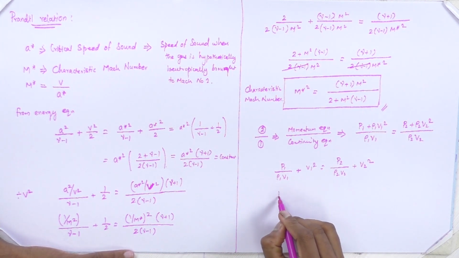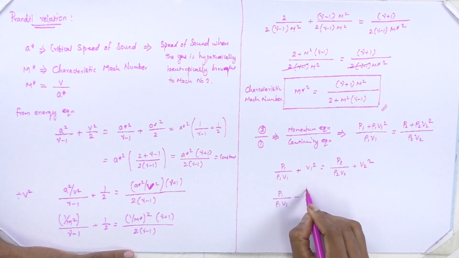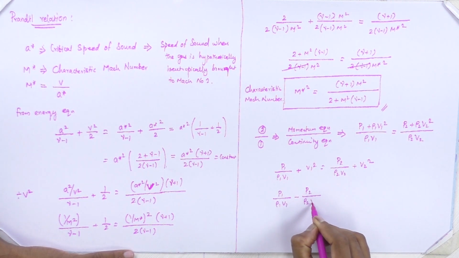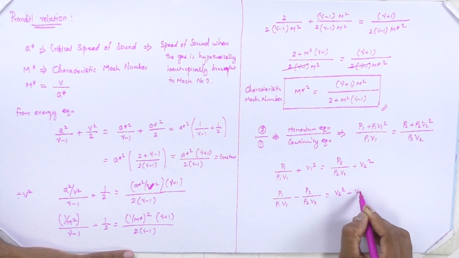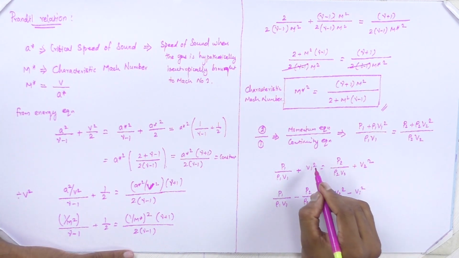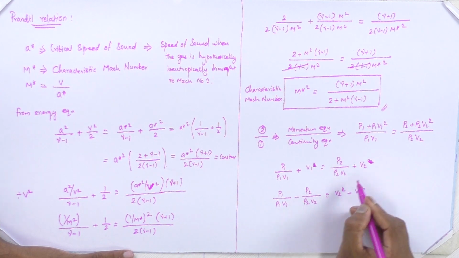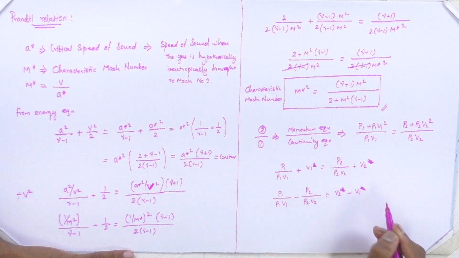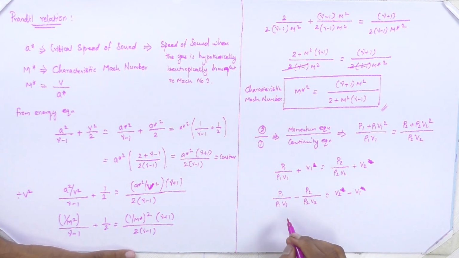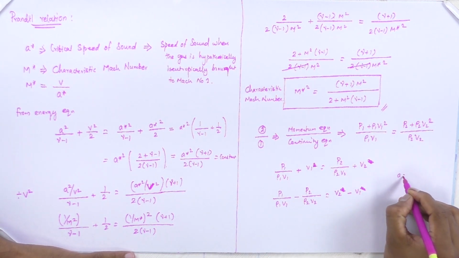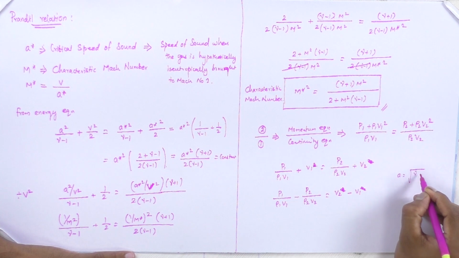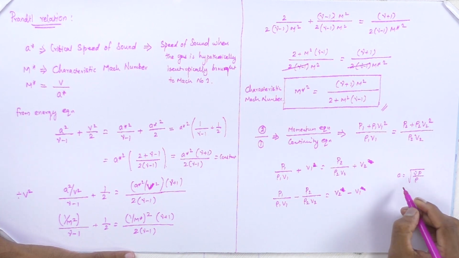So P1 divided by rho 1 V1 minus P2 divided by rho 2 V2 is equal to V2 minus V1. Sorry, here the square will not come. Now from the speed of sound relation, we know A is equal to root of gamma P by rho. So A squared is equal to gamma P by rho.